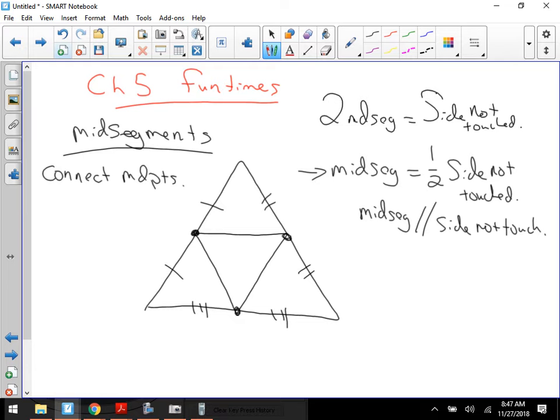Okay? That's how those things work with each other. So if you look at something like that.